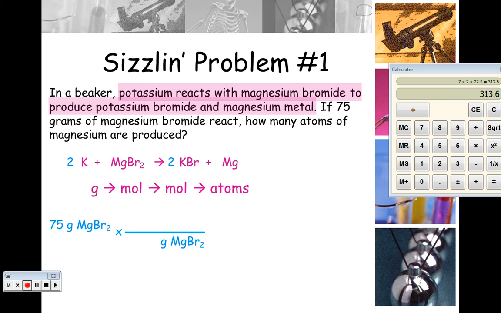Mole of what? 1 mole of MgBr2. And then there's 1 mole because every time you go from grams to moles on the same side, the mole gets 1. So grams ends up being 184.11 grams. Now let's cancel out what I know I can cancel out. Grams of MgBr2 cancels out with MgBr2, and I end up at moles of MgBr2.